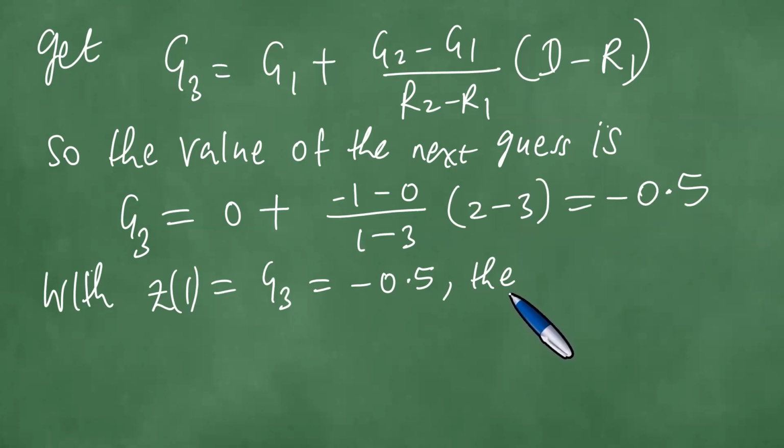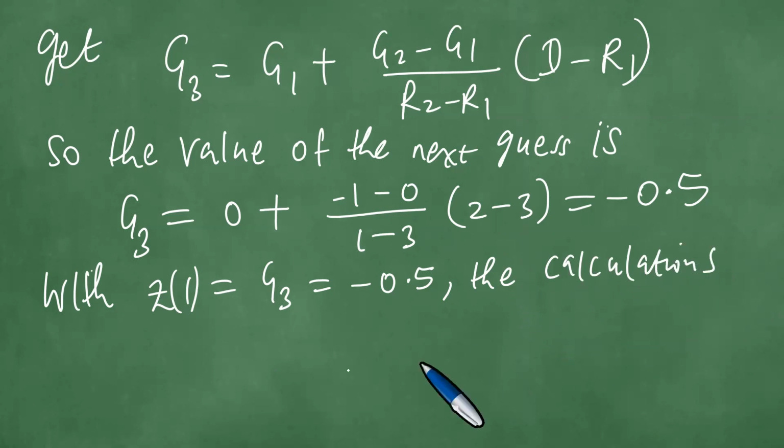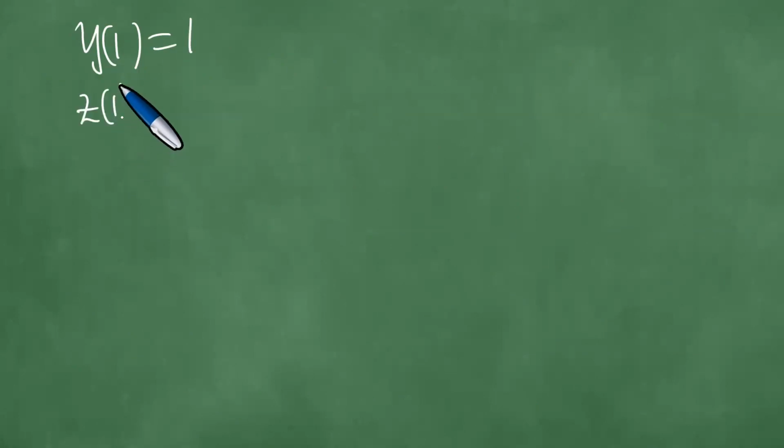The calculations are, we know that y1 is 1. Z1 is minus 0.5.